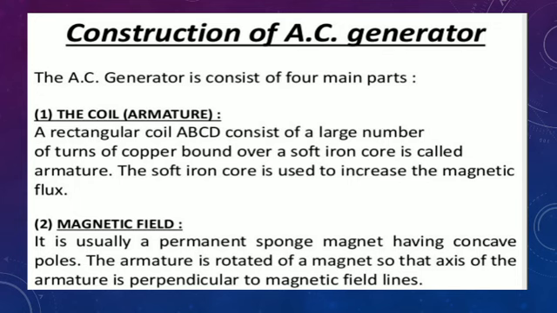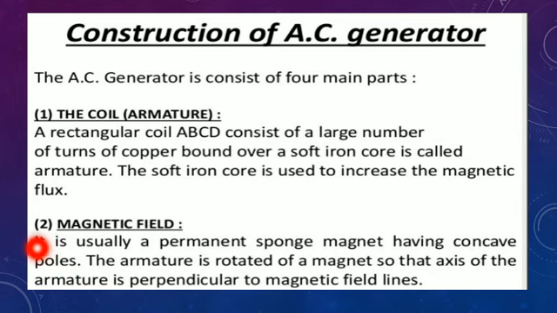Next, magnetic field. I explained that field is nothing but magnetic field. It is usually a permanent horseshoe magnet having concave poles, so the surface goes inward, that is the concave.